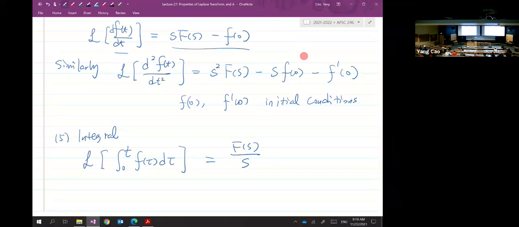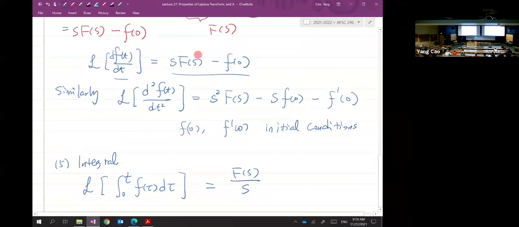Before you proceed, I want to bring to your attention a little observation. If you observe the results of the properties that we have written down here, this is the first order derivative, and you have s times capital F of s. This is a second order derivative, and you have s squared times capital F of s.